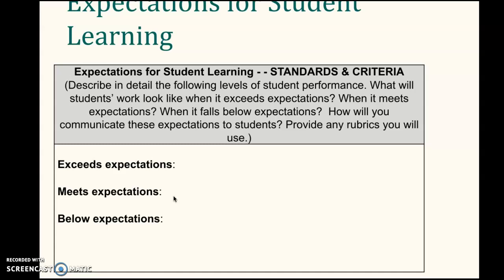Whatever you say your formative assessment is, the expectations have to match it exactly. You cannot put things like students will stay on task, or students will complete the work by the end of the period, or students will collaborate appropriately.